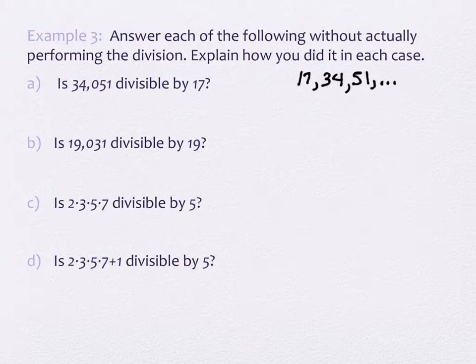What I want you to recognize is that there's a 34 in this problem, and there's a 51 in it as well, right? When we were working in Chapter 3, we talked about some different methods for estimating and for computing mentally whether or not numbers were divisible. And one of the ways we did that was by dividing these up, right? So does 17 divide into the 34? Yeah. And does it divide into the 51?